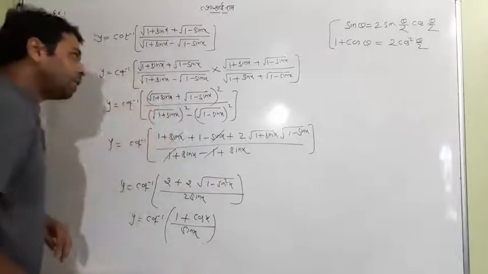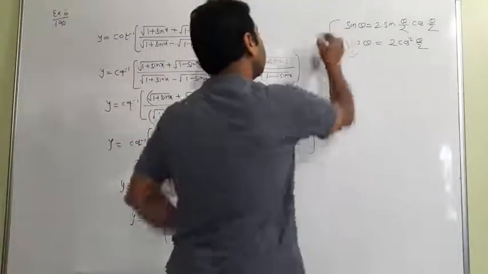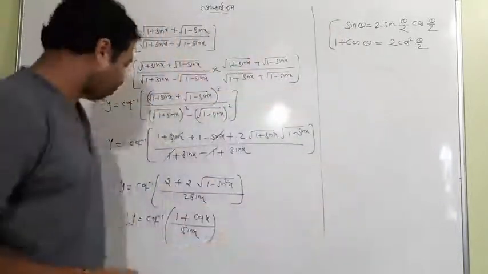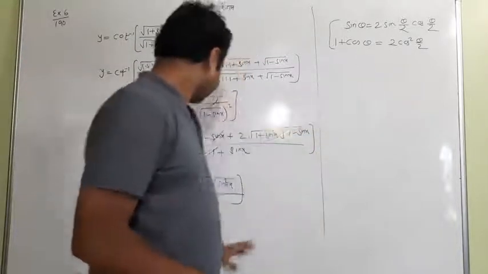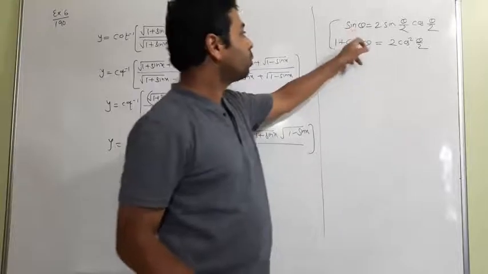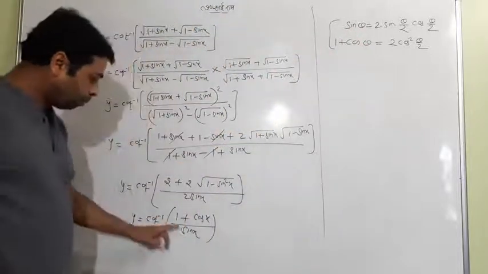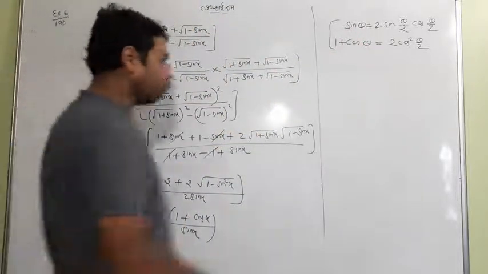Recently I taught you these two formulas. Now fortunately the same formulas are appearing here: 1 plus cos x, which is this one, and this is sin x, which is this one. So I use both of the formulas here because it is a cot, and definitely the question will be easy.